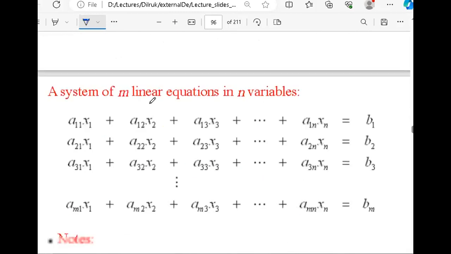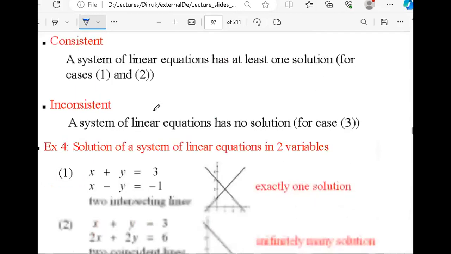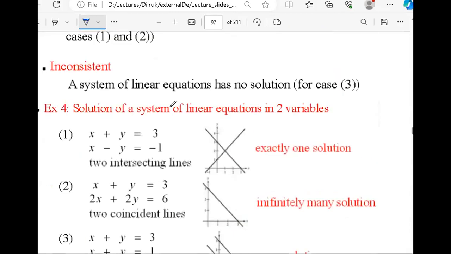We discussed this already. Here is the graphical representation. If the coefficient matrix is singular, you can visualize this.